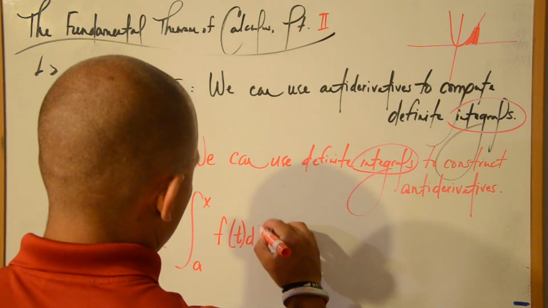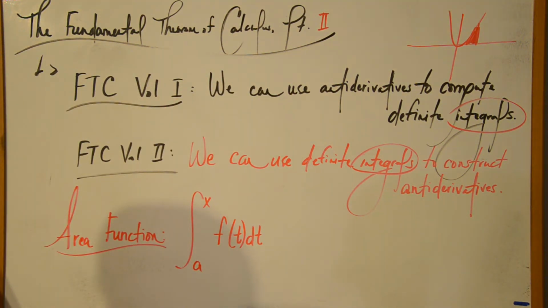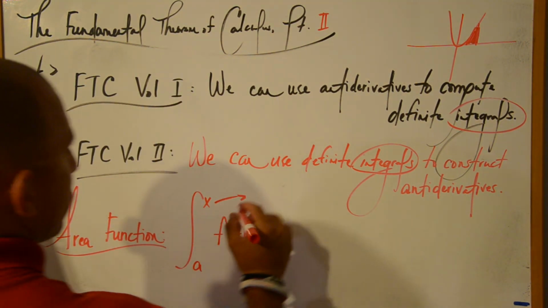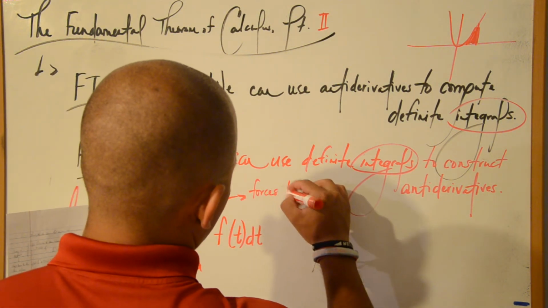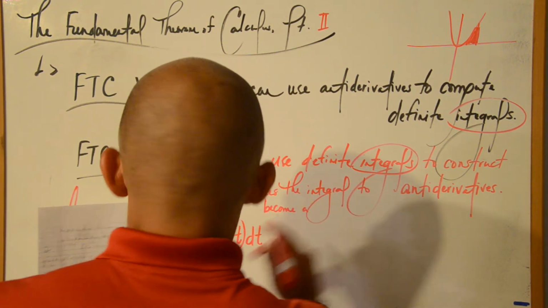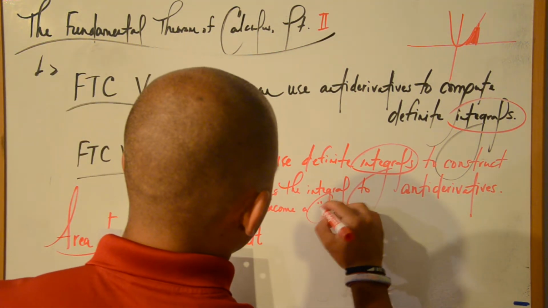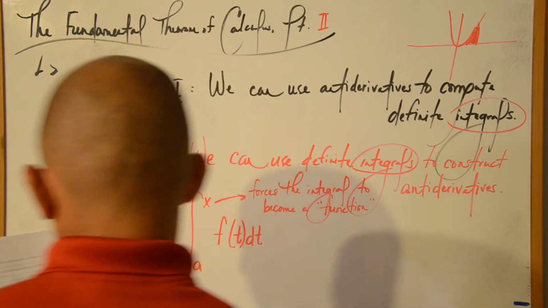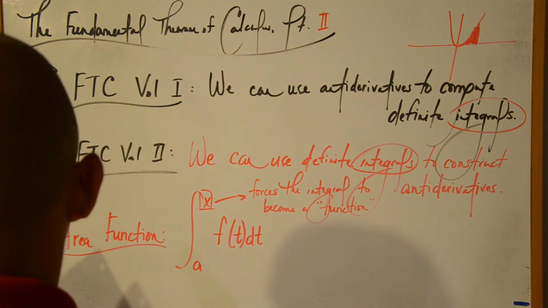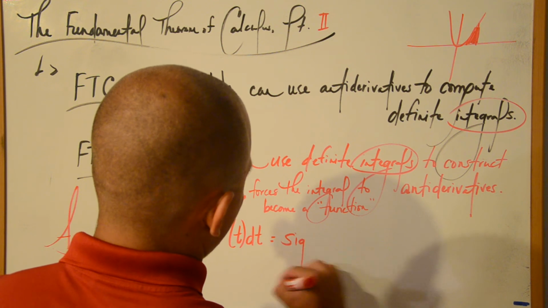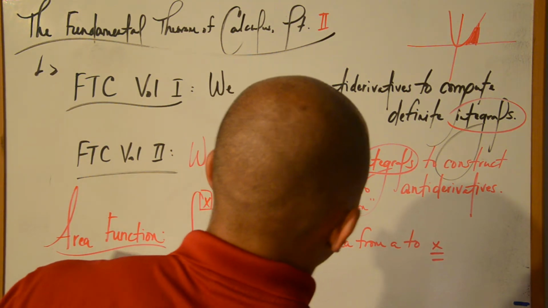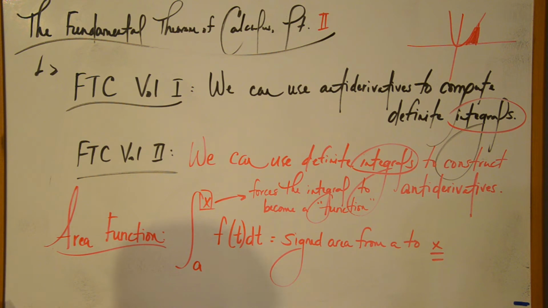Since the upper bound is a function rather than a defined numerical value, this forces the integral to become a function, because it is acting not as a numerical value but as a variable, and this is going to equate to the signed area from a to x, with x being some arbitrary unknown value.